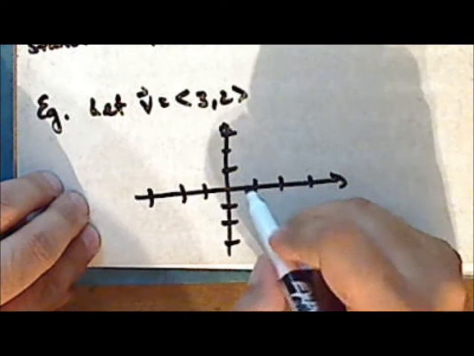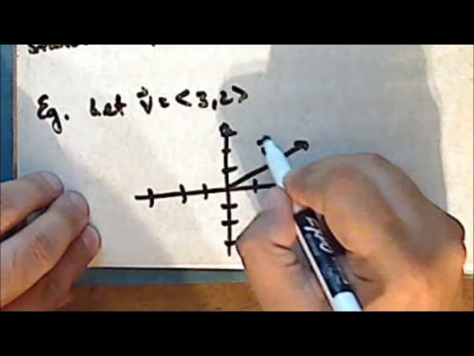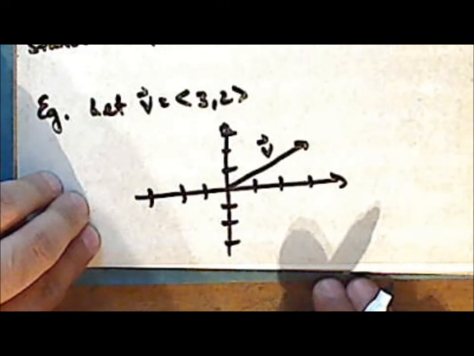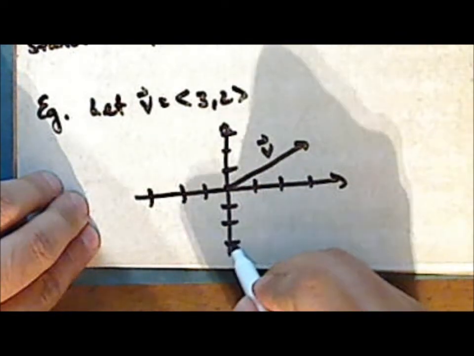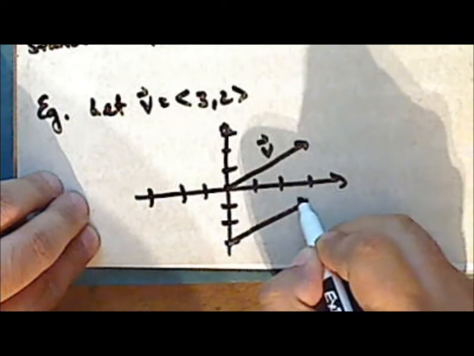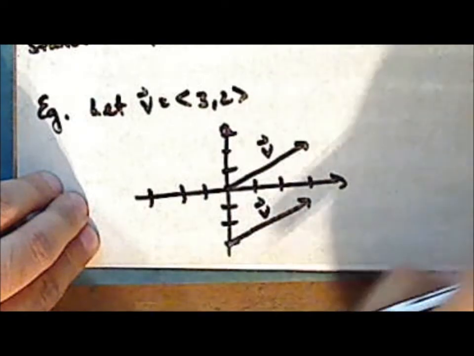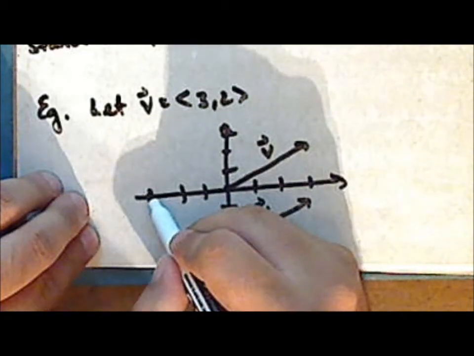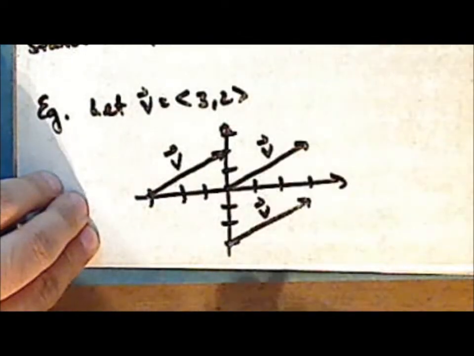If the vector begins or originates at the origin, then it is the same as the position vector for the point 3, 2, but a vector need not originate at the origin. It can begin at any point in space. So if we begin at the point 0, -3, then the vector terminates at the point 3, -1, but this is still the vector v. It has the same length and is moving in the same direction. Also, if we begin at the point -3, 0, then the vector v terminates at the point 0, 2. Again, this is the vector v.